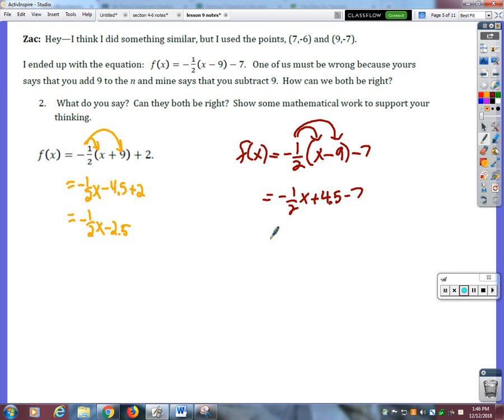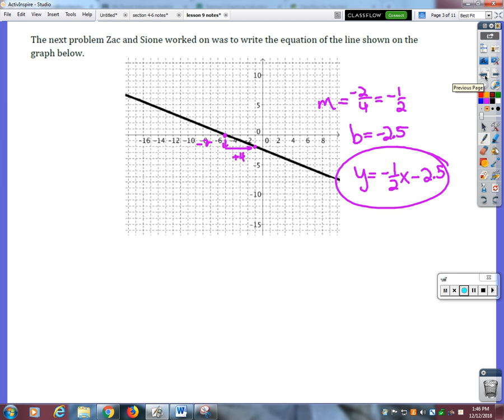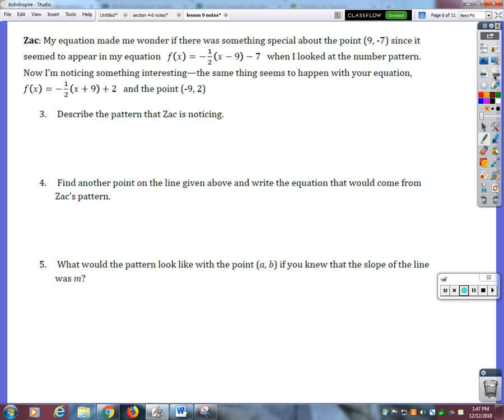And then 4.5 minus 7, negative 2.5. So it turns out those two things are the same. And if we go back to our conversation, it is the same as what we got too, okay? So those are all the same way to write the equation of a line, okay?